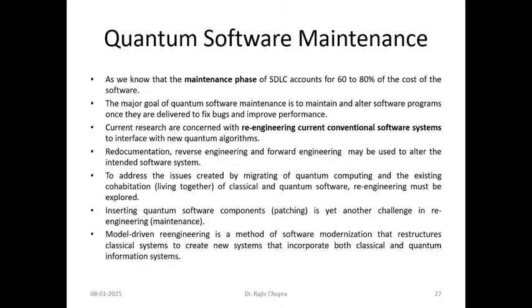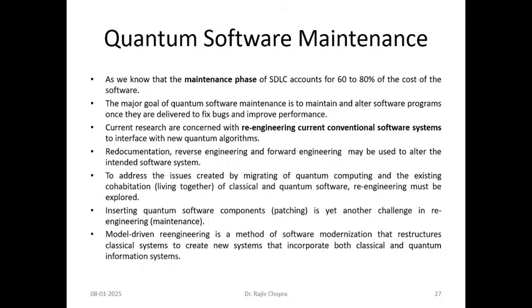So quantum software re-engineering is also possible. Inserting quantum software components like patching, plugins and all those things is yet another challenge in this engineering. Whether they are increasing or decreasing the security is still an open area of research.